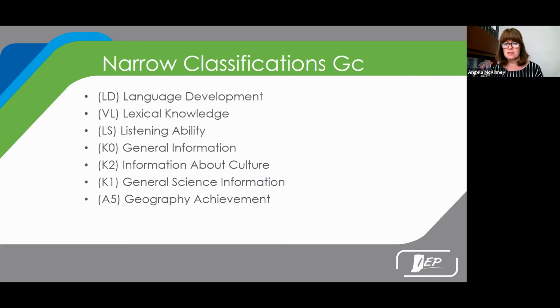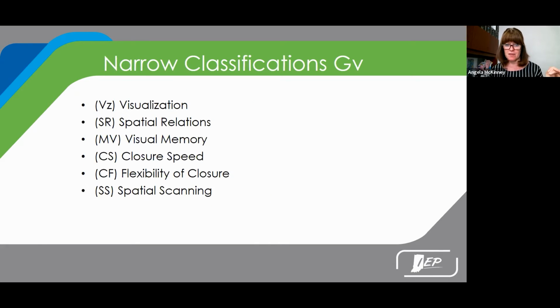So each of these different G factors, GF, GC, all of these different things that were part of the broad classifications, they each have multiple narrow classifications, and different subtests of different tests are categorized as to what it is that they're measuring.